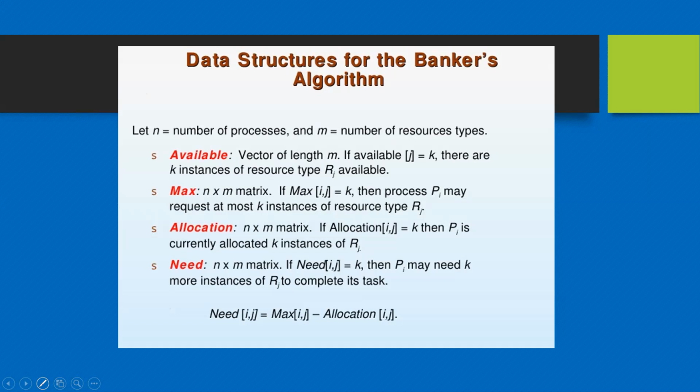Once you start executing it through your programs, you will find one is available, another is maximum. Maximum means the process Pi may request at most k instances. That means there is a restriction of resources for each process.